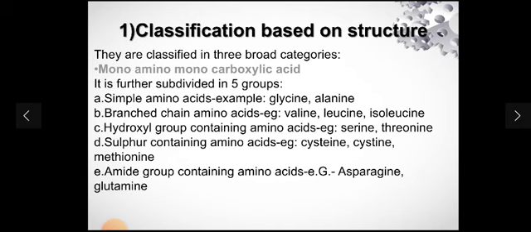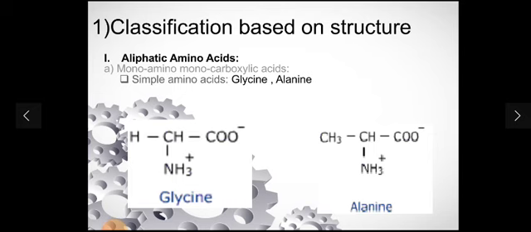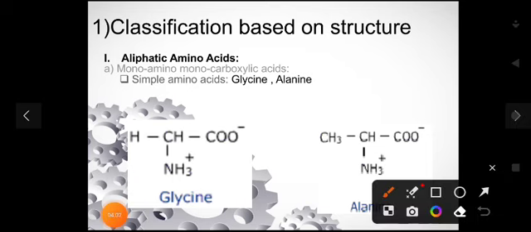So, these amino acids are the ones we classify based on their structure, and we classify them as monoamino monocarboxylic acids. What I have just said so far, I'm now trying to represent using their structures. So you look at glycine. When you look at glycine, you will find out that it's using hydrogen as the R group, while alanine is using methyl as the R group.